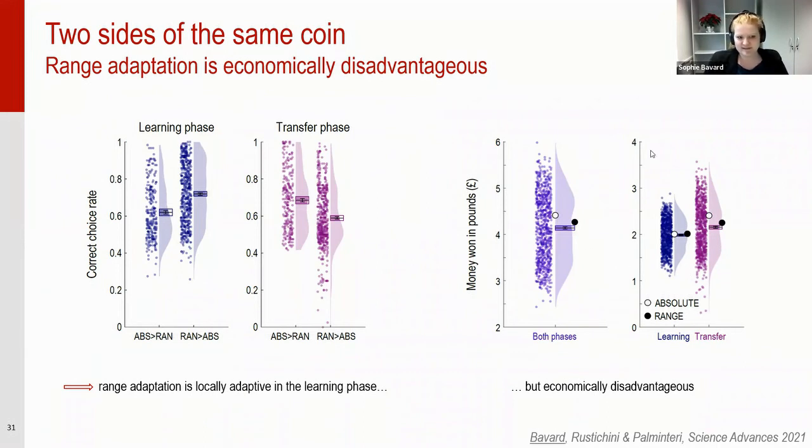And we see that this average money was not only best explained by the range model, but it was also smaller than the one predicted by the absolute model in white, which suggests that this range adaptation, although it is locally adaptive in the learning phase, is also disadvantageous. It doesn't pay out in the long run, or at least it's not optimal in our task.